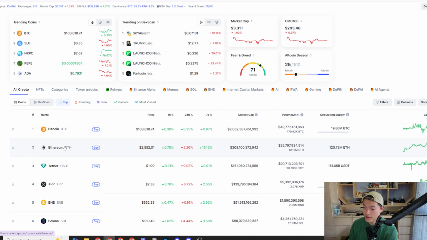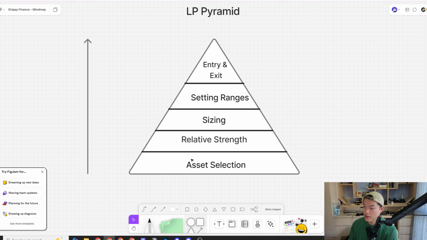It's the most decentralized and secure smart contract network, and I don't think any other chain would replace that anytime soon. So once I select a good asset and I have a core thesis behind it, it's going to help me hold the token for a longer time period and make better decisions. A lot of people capitulate when the prices go down because they miss this asset selection part.